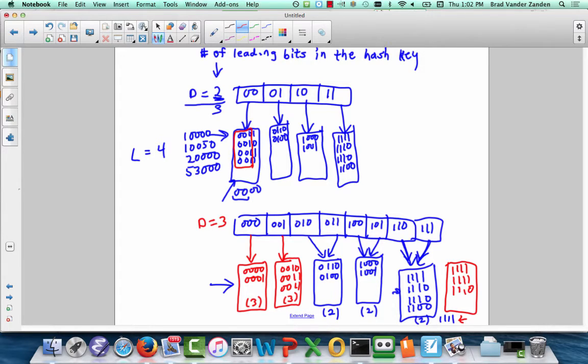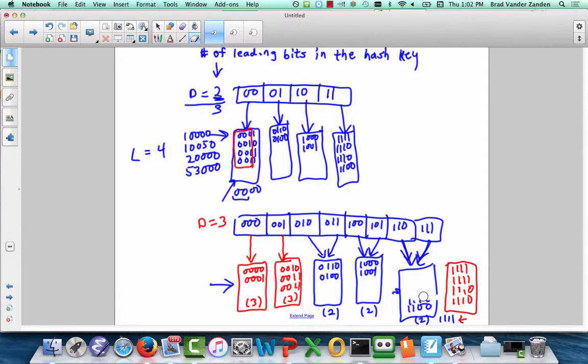This one goes away, and another one moves over, 1, 1, 1, 0. So this goes because it moved.